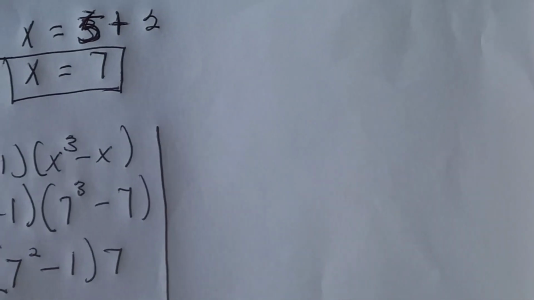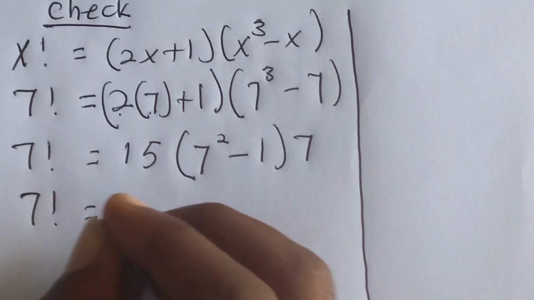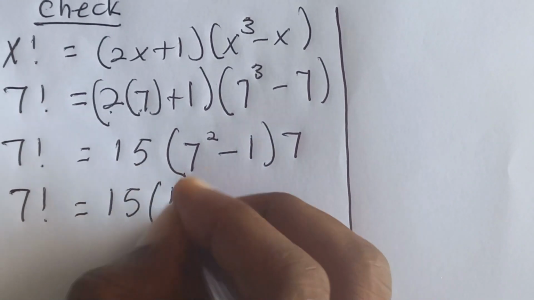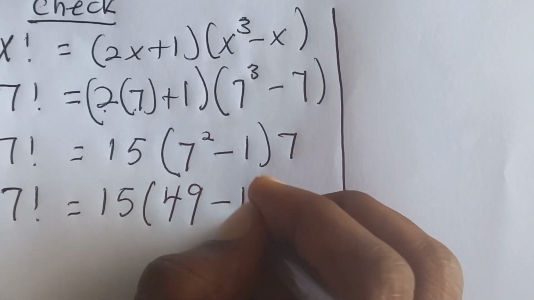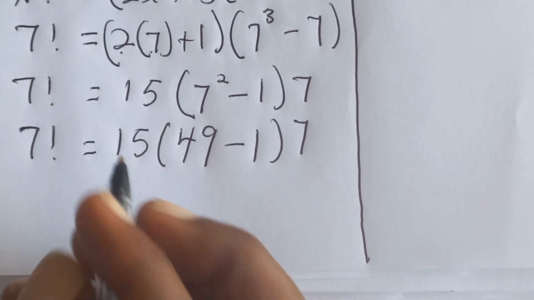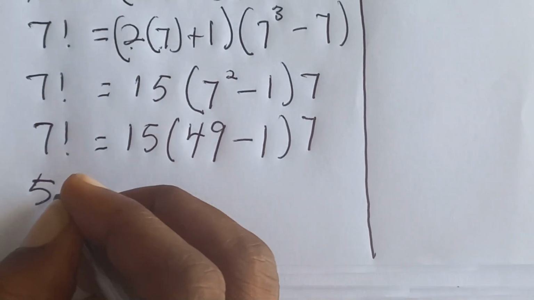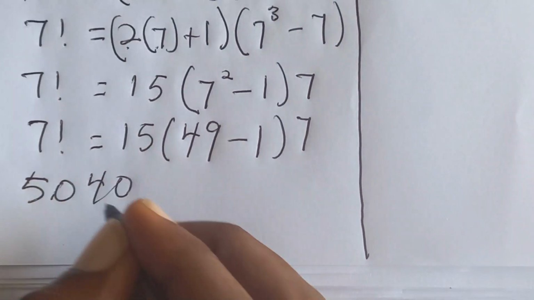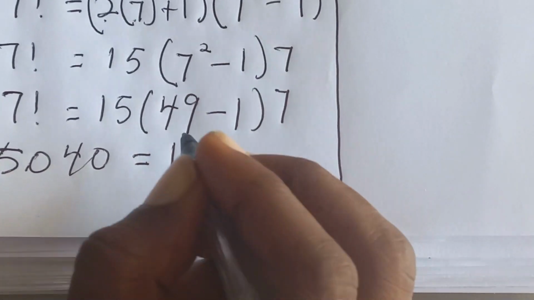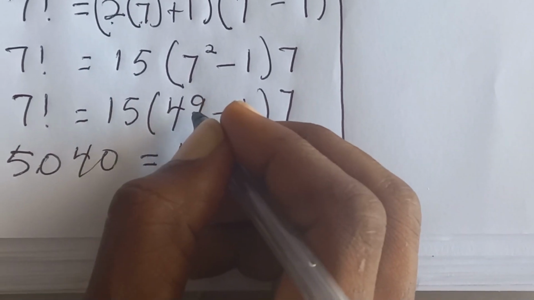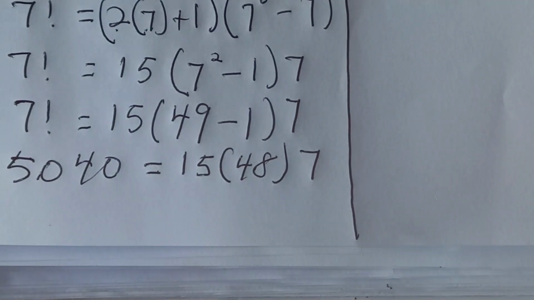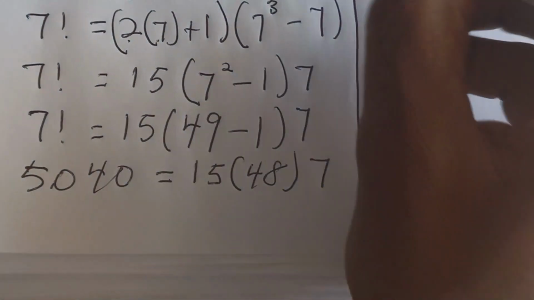Now 7 factorial is equal to 15 times (7 squared minus 1) multiplied by 7. 7 squared is 49, minus 1 multiplied by 7. So 7 factorial is 5040, which is equal to 15 times 48 multiplied by 7.